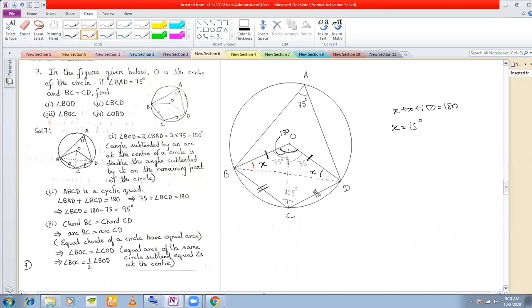Every year they give you that these two are equal, radii are equal, therefore it forms an isosceles triangle, therefore these two angles are equal, and you find the equal angles given that your third angle is given. That is every year, it comes as a part of the problem.